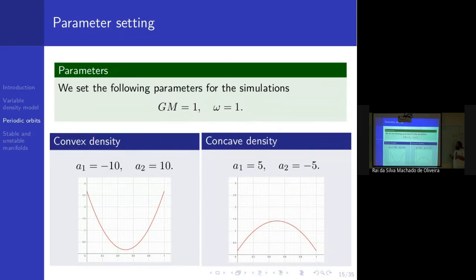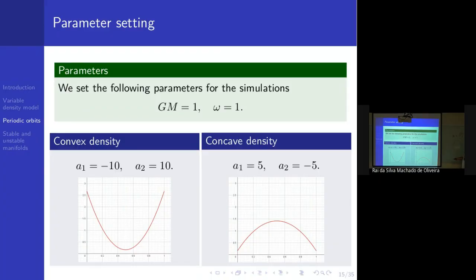Okay, now we are going to compare the families of periodic orbits in the variable density model, and we need to set the parameters we are using. So we are going to compare two densities. What happens when we have a convex density like that and a concave density like so?